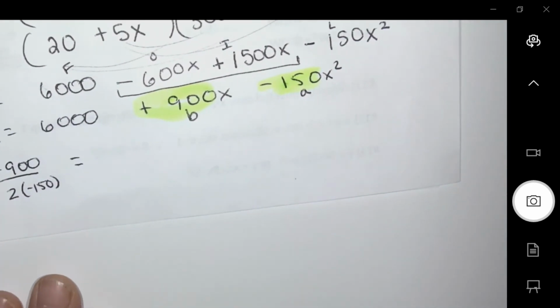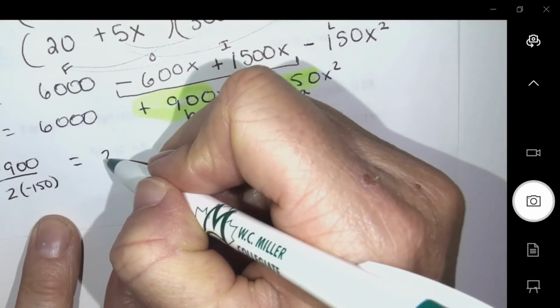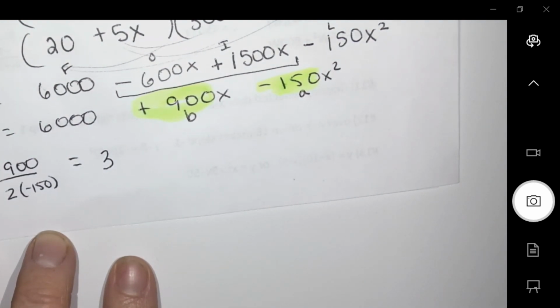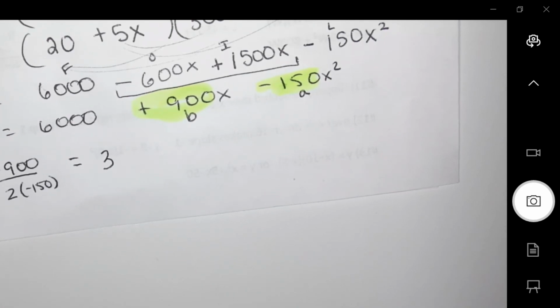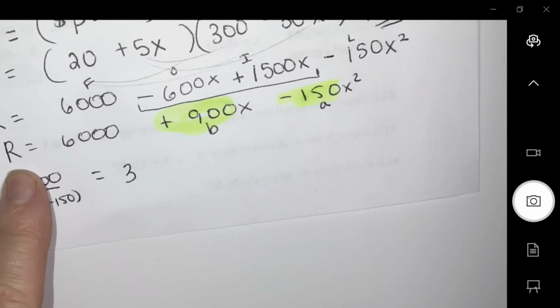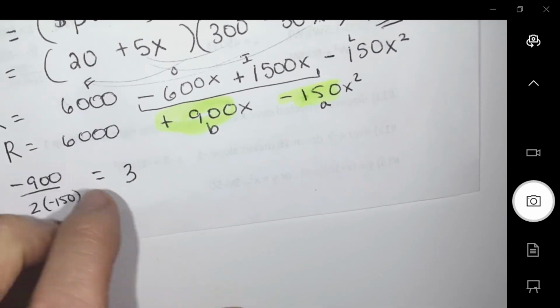And that makes... did you get 3? Anybody else get a 3 on that? Yeah. That's 3. Okay. Then we've talked about in the past plugging that in. If I do plug that in, do you understand that the output would tell me what the revenue would be? If I plug that in, it's going to tell me a revenue number. But I don't want that.